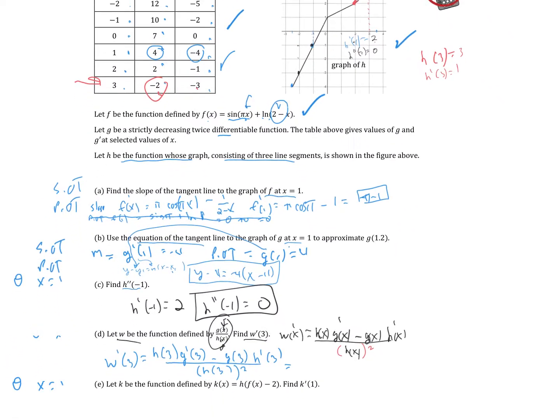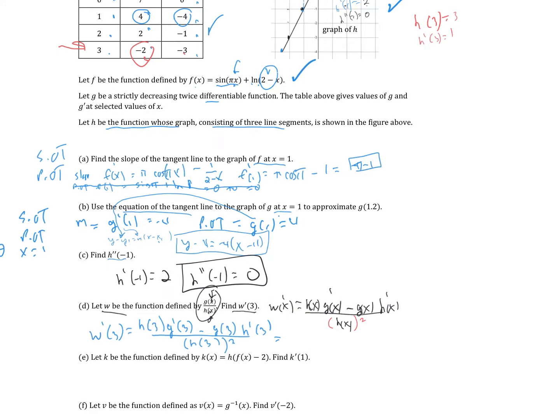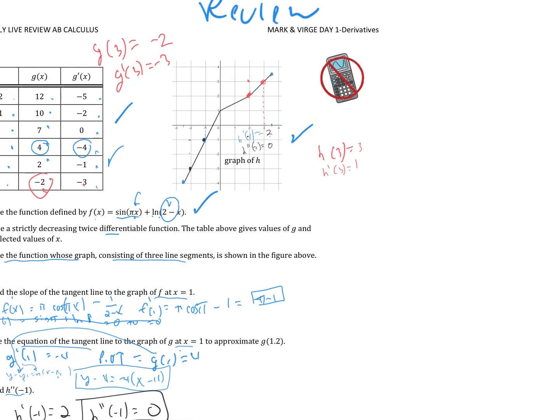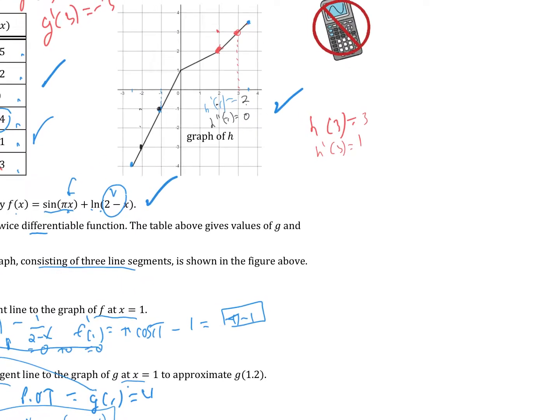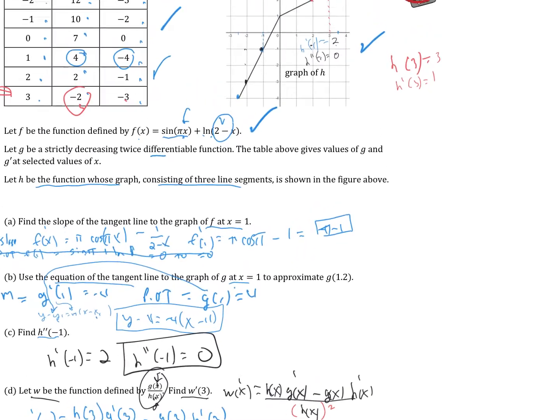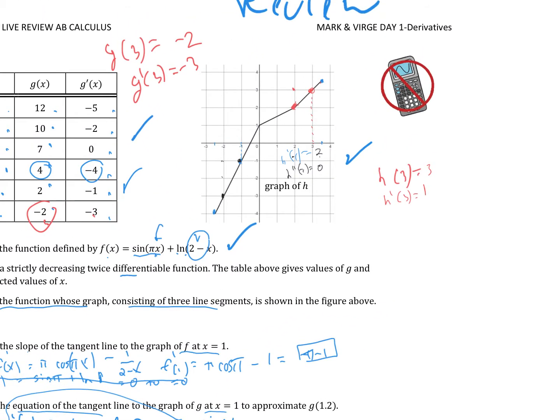Now I'm going to have to probably look back up in a minute. h of 3, over there, was a 3. And g prime of 3 was a negative 3.